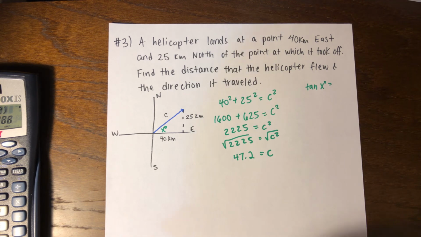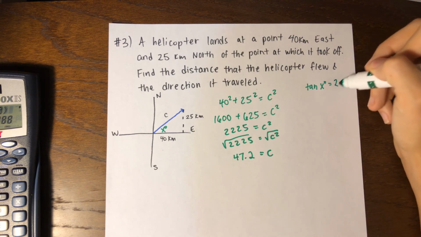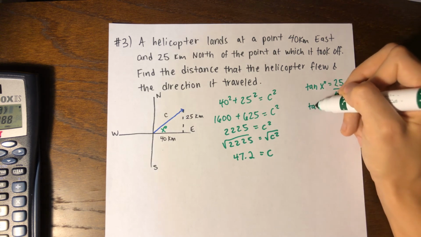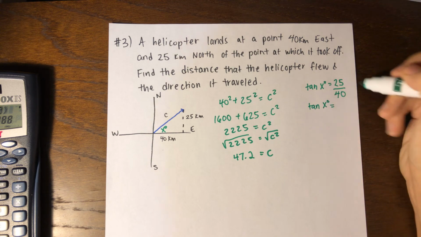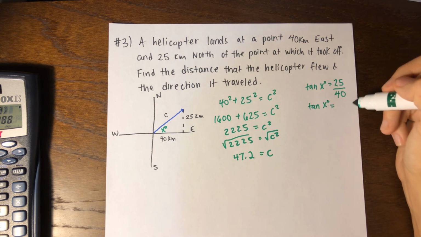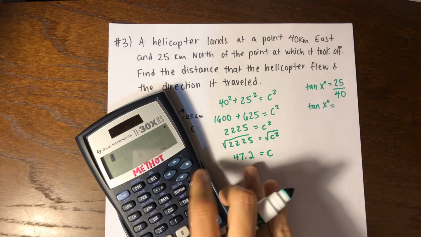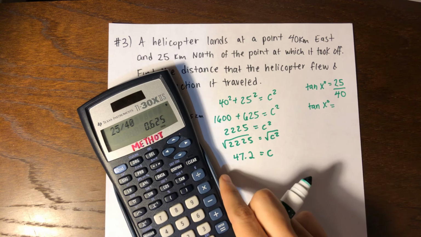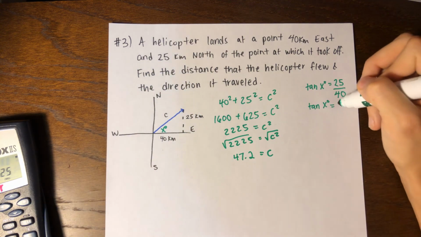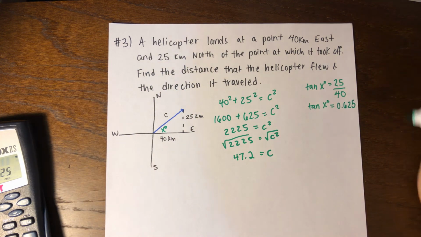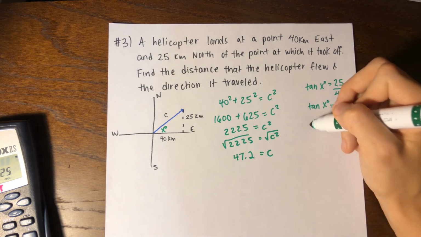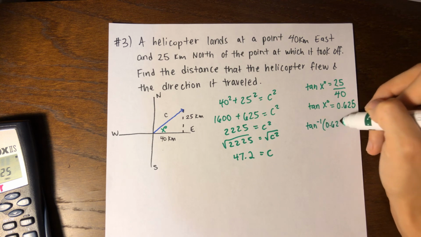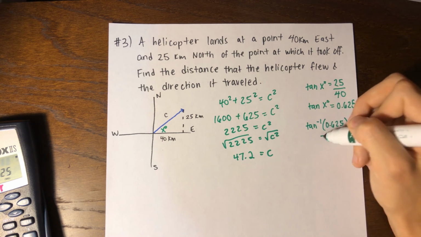So we have 25 over 40. So I get tan x is equal to, I do 25 divided by 40 on my calculator. 25 divided by 40 equals 0.625. Okay? And then I'm going to take the inverse tan of 0.625 to see what that equals.